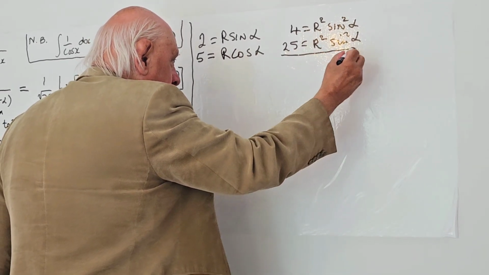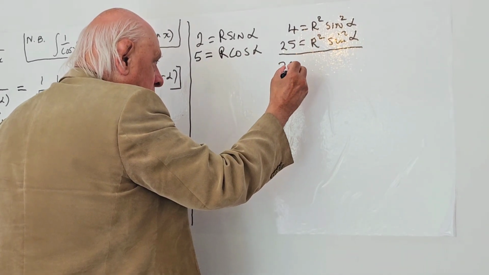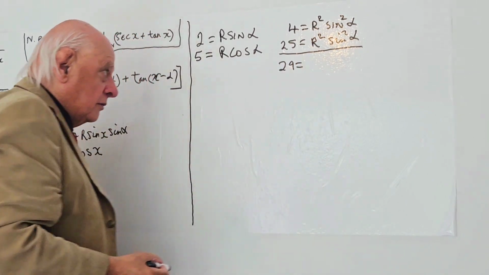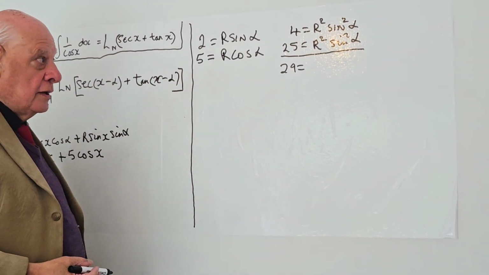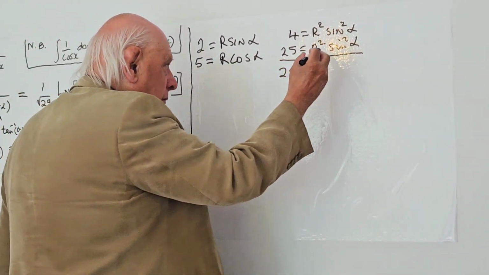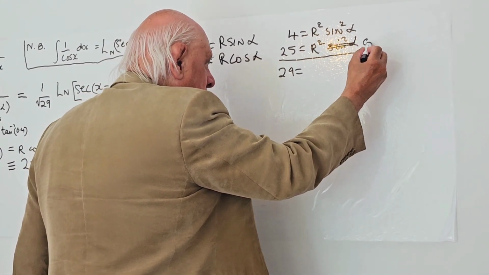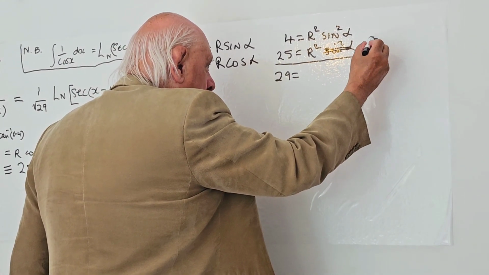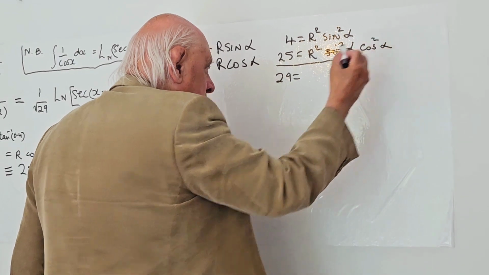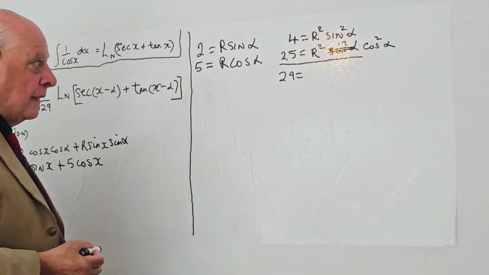And if we add those, we get 29 on this side, and the right hand side becomes r squared. That should be a cos squared alpha. 1,000 pardons for that error.